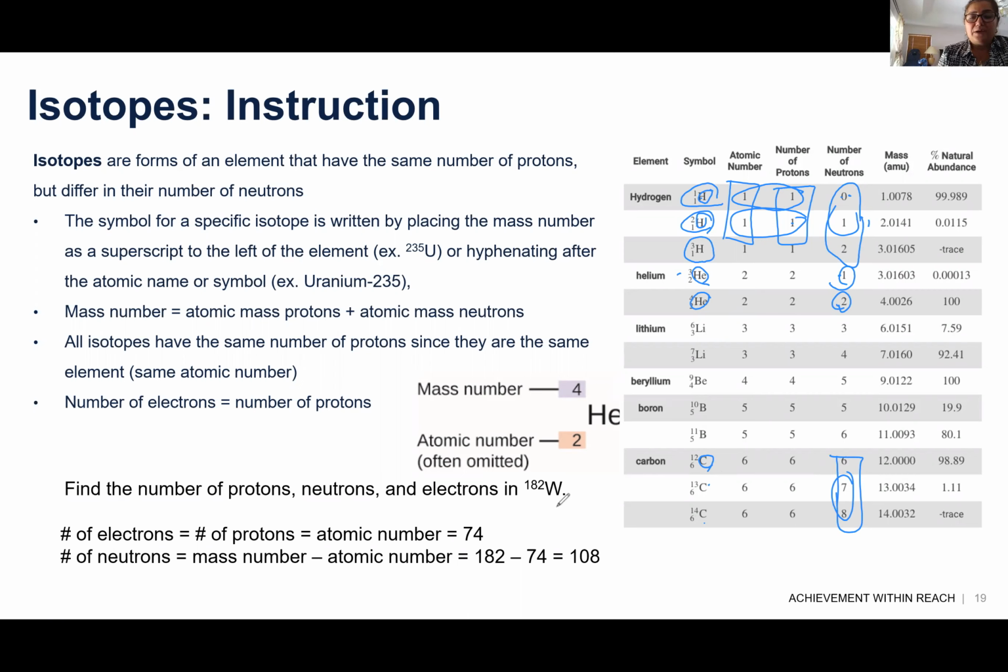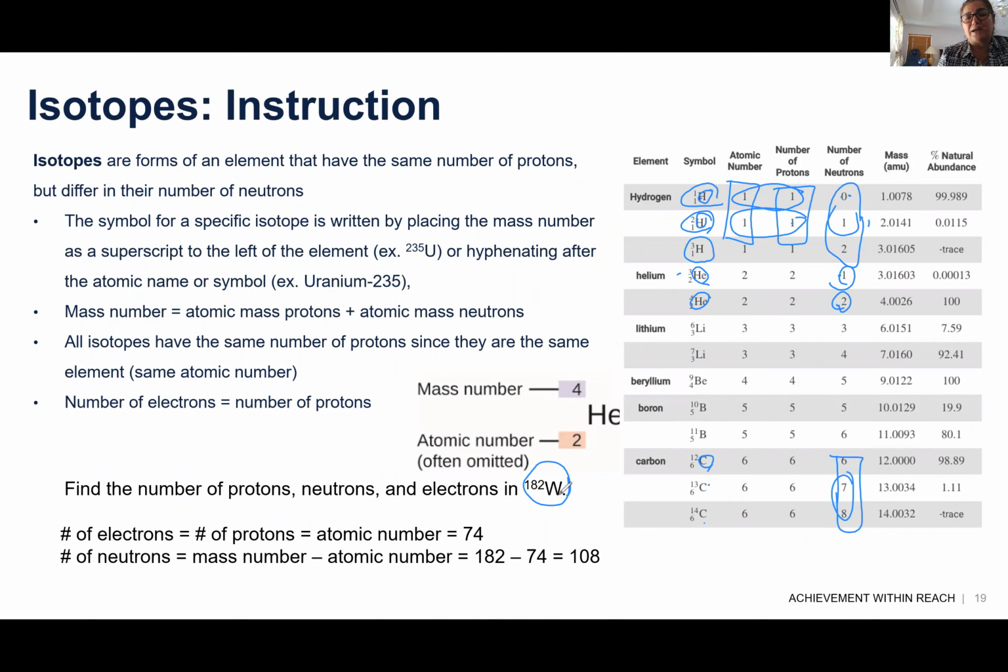Now, if you want to find the subatomic particles for W182, that's tungsten 182. What are subatomic particles? Basically, what's the number of protons, electrons, and neutrons?